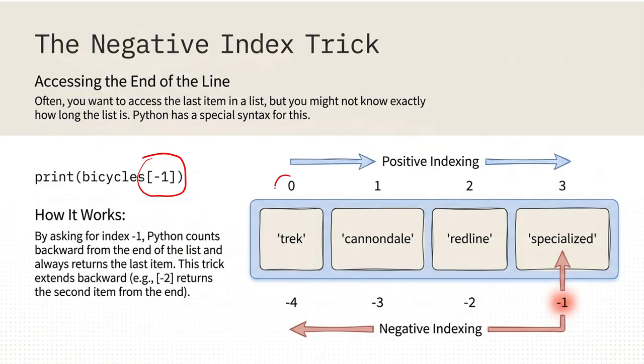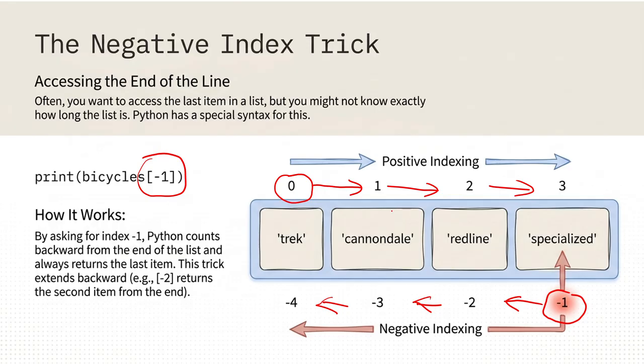Your positive indexing starts from 0 and goes from left to right. Your negative indexing starts from the very right, starts with -1, and then goes from right to left.